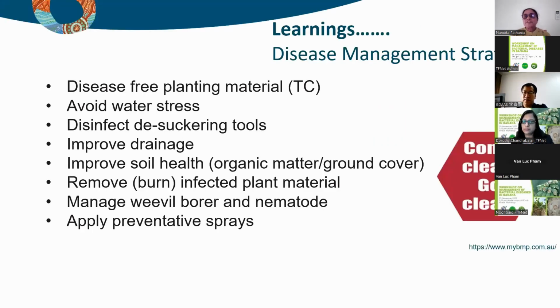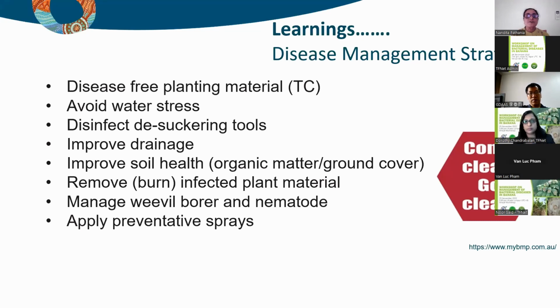So these are some of the learnings from the past projects regarding disease management strategies, and it is quite obvious that integrating these strategies reduces the incidence and spread of bacterial corm rot.